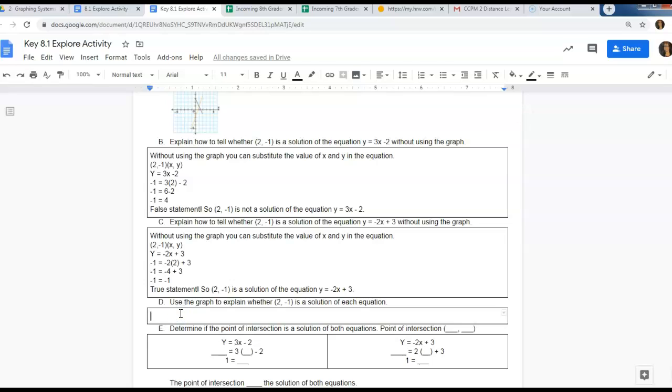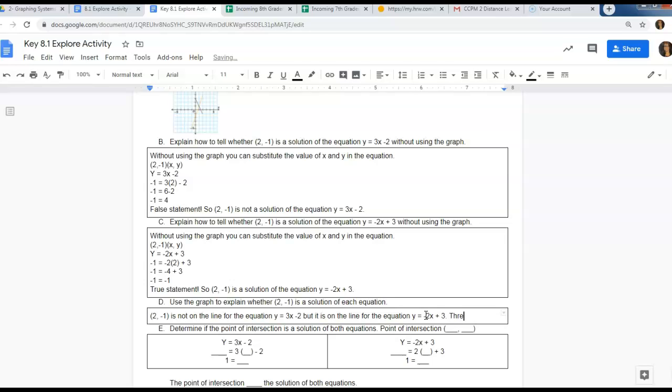So, use the graph. (2, -1) is not on the line for the equation y equals 3x minus 2, but it is on the line for the equation y equals -2x plus 3.